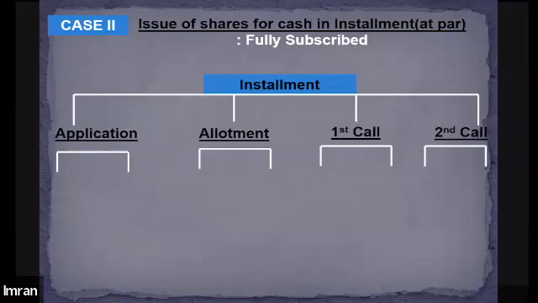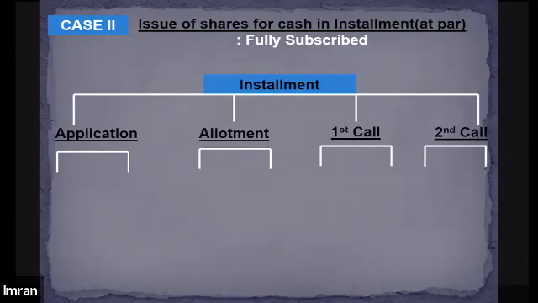In case of allotment, we will be passing the journal entry first for the due and then for the receipt of allotment money. So the entry for the due will be share allotment account debit to share capital account, right? And then bank account debit to share allotment account.